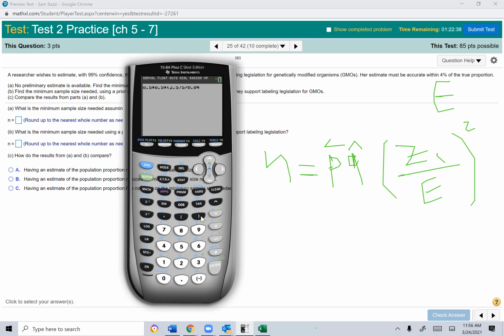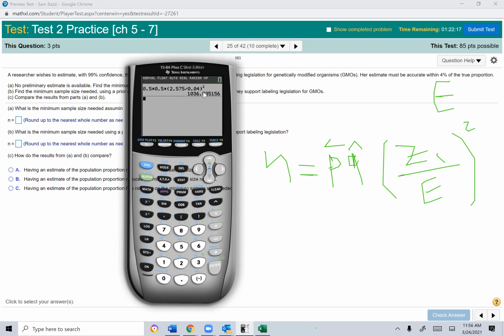Change it properly, guys, and then square it. Raised to the second power. And you need to round it up to the nearest whole number. So it will be 1037 as an answer. Even if this is a 0.03, you have to go up, guys. So 1037 is your answer.